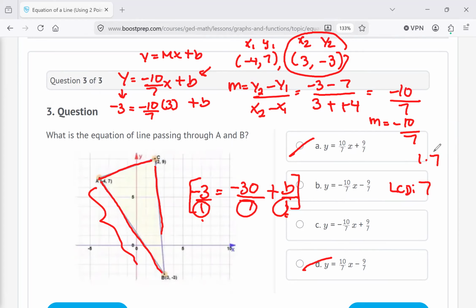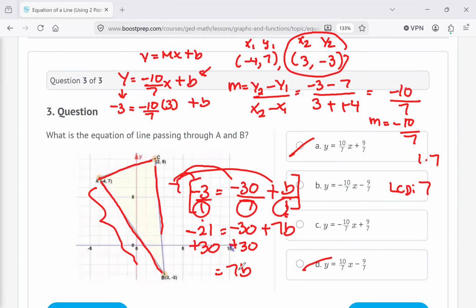So put it all together: 7 times negative 3 is negative 21. 7 times negative 30 over 7: the trick is if they're the same on the top and bottom, they disappear, so you're left with negative 30. And then 7 times b is 7b. Solve for b by adding 3 to both sides.